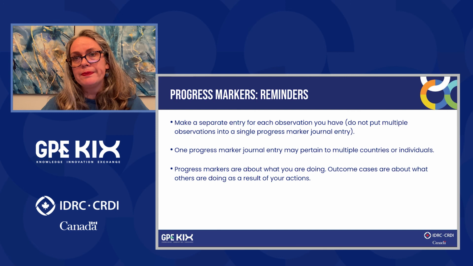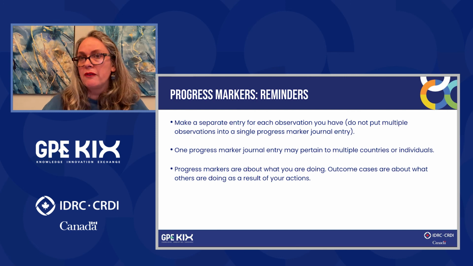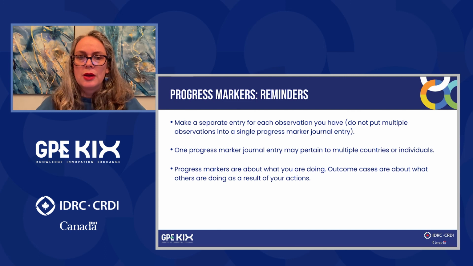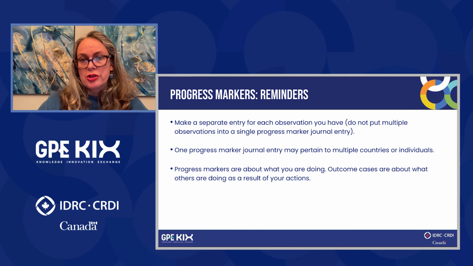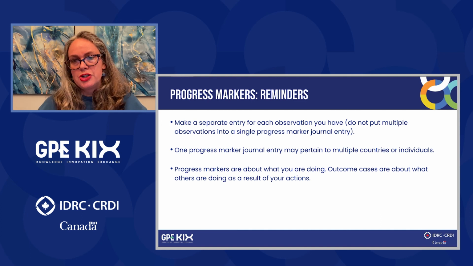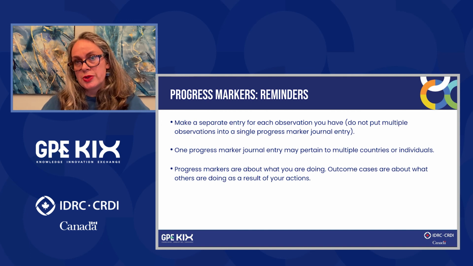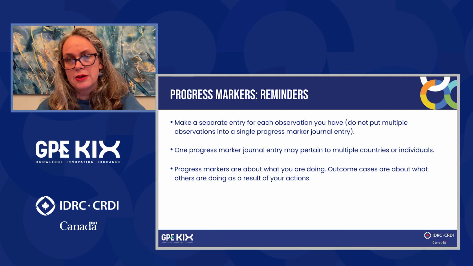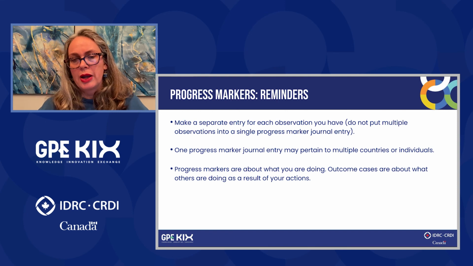So you'd fill in one, close it, open it up again, fill in another. One progress marker journal may pertain to multiple countries or individuals, and that is fine. There will be an option in those journals to tick the multiple countries or individuals if the observation around the change pertains to several entities.